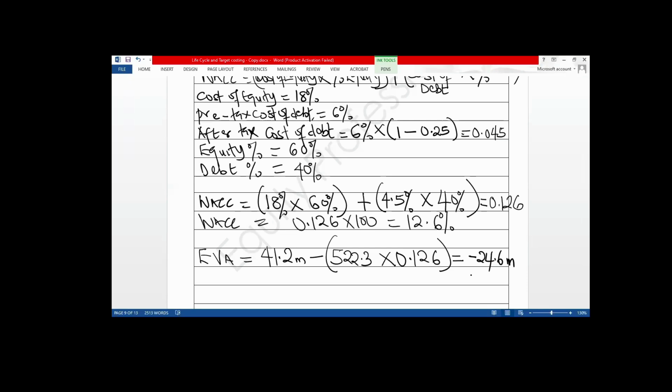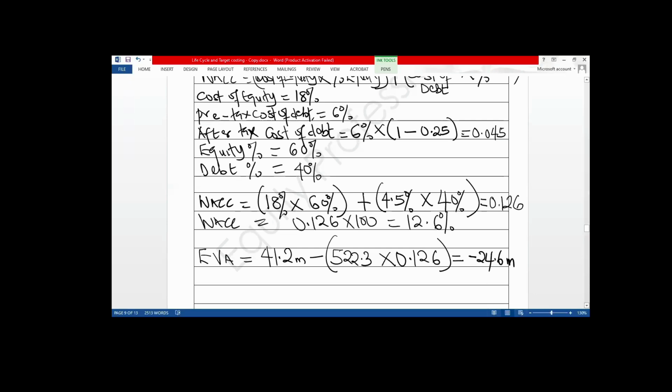That company is performing poorly. What it means is that this company has destroyed 24.6 million of the wealth of the shareholders.